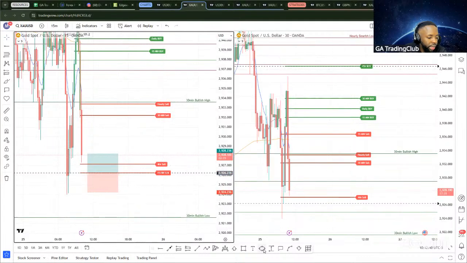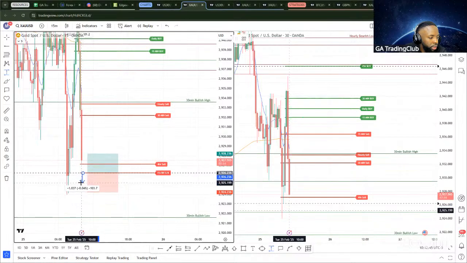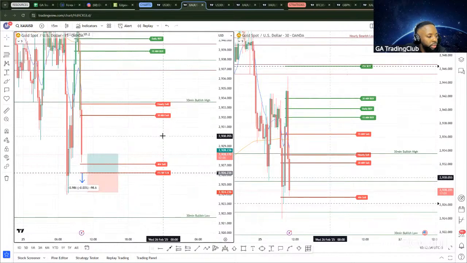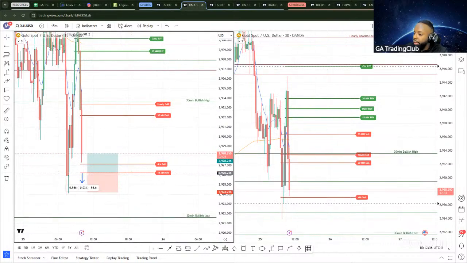But price again has to come. I would say somewhere around here. And let's see what that area is. This will be on the 15-minute time frame.